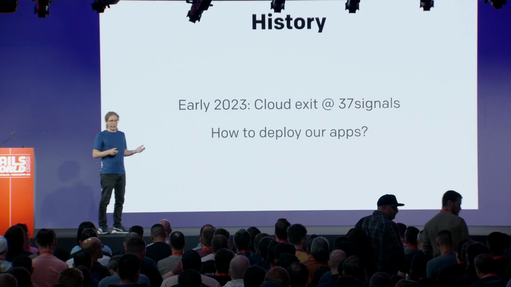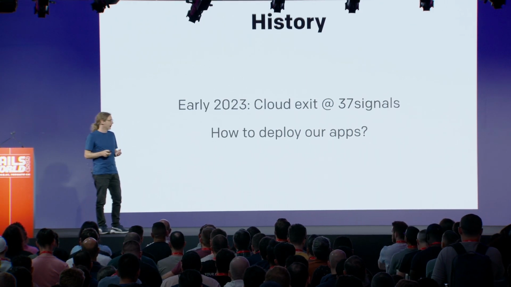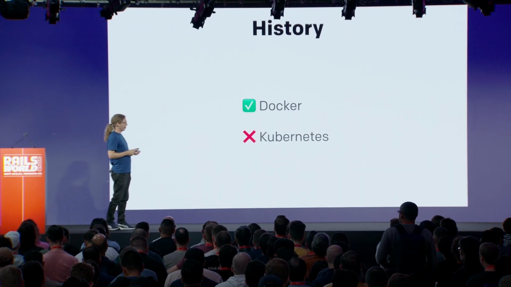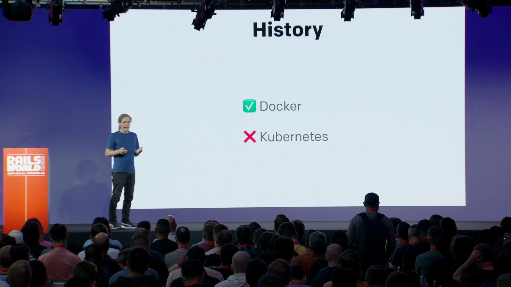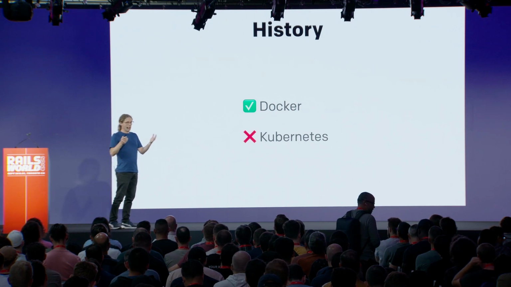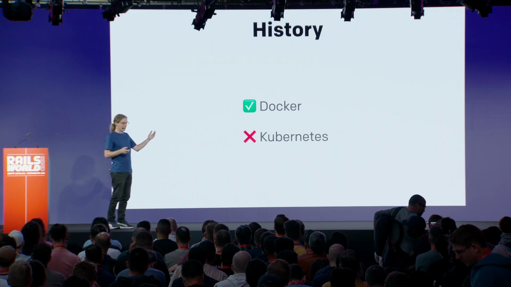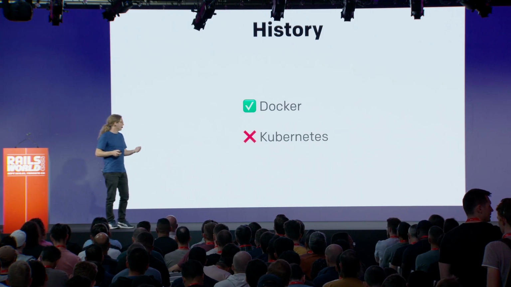So we needed a way to run them. So one option would be to start using Kubernetes locally, but we looked at that and we didn't really fancy it. We were like, that looks quite tricky. We already had Basecamp, our biggest application, which had always run on our own hardware, and we were just using Capistrano to deploy it.